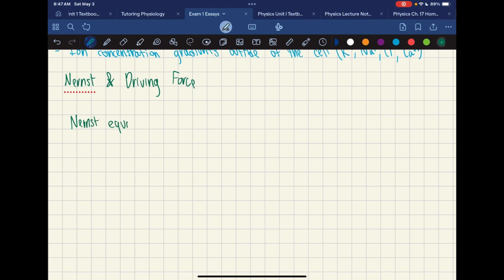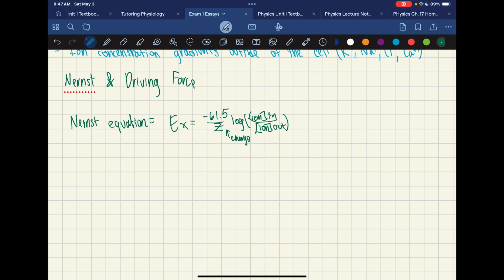We have Ex equals negative 61.5 over z, which is the charge of the ion, and then logarithm of ion concentration in over ion concentration, you guessed it, out.